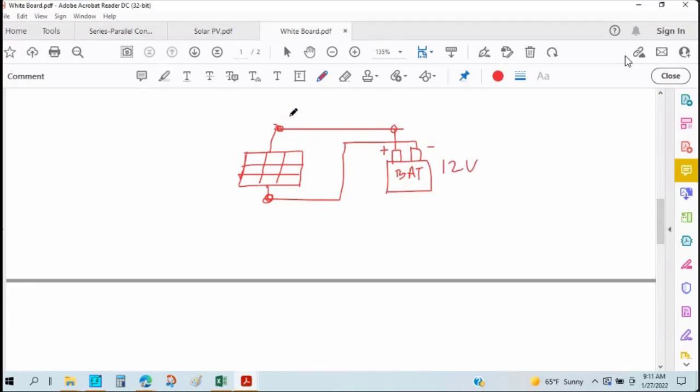Let's think that 12.5 volt will work. So what is the operating voltage of this solar panel? It is 12 volt, or slightly higher than 12 volt.